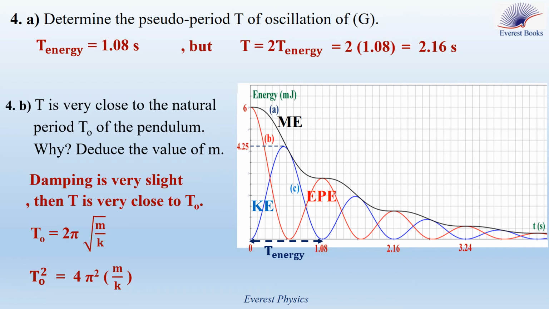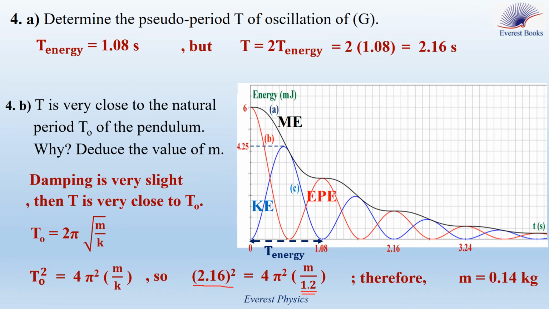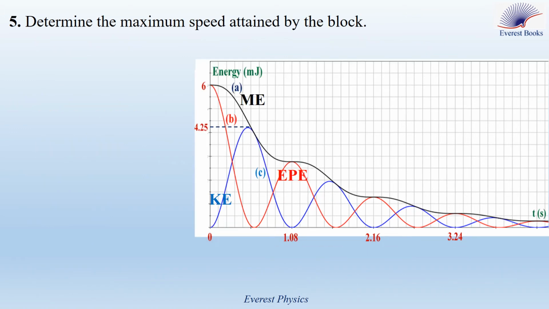We have T0 squared is equal to 4 pi squared times M over K. And now the natural period or the pseudo period is equal to 2.16 seconds, and the force constant is 1.2 newtons per meter. And the answer is M is equal to 0.14 kilograms.